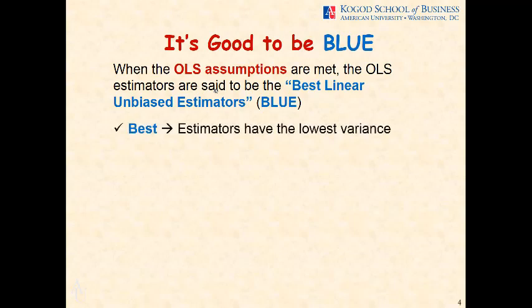Best means that the estimators have the lowest variance. As I explained before, if I take a random sample of the data, estimate a model, and get beta coefficients, and then I take another subsample and run another OLS model and compute the beta coefficients again, and I do this many times, and the coefficients have a lot of variance, I get different results with different subsamples.